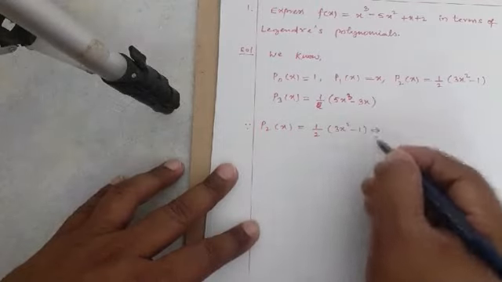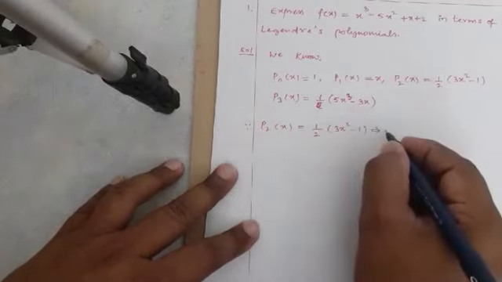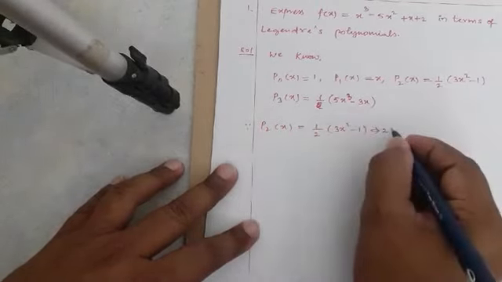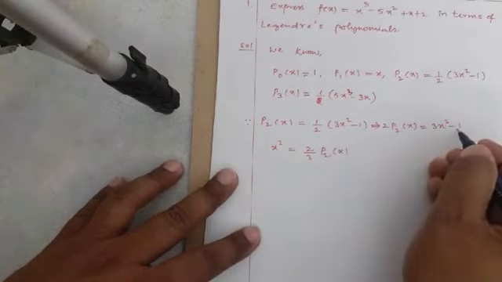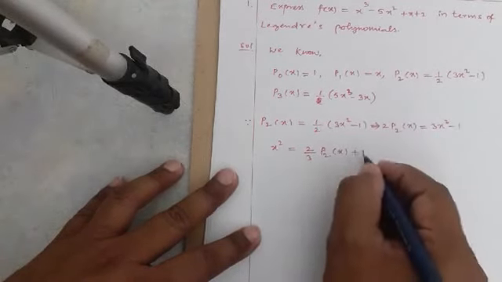This implies I take this 2 to the other side, that becomes 2P2 of x is equal to 3x square minus 1. Now I can write x square: I take this 3 to the other side, that becomes 2 by 3 P2 of x, and I take this minus 1 to the other side, that becomes plus 1.